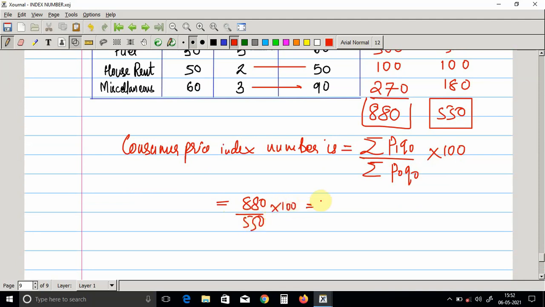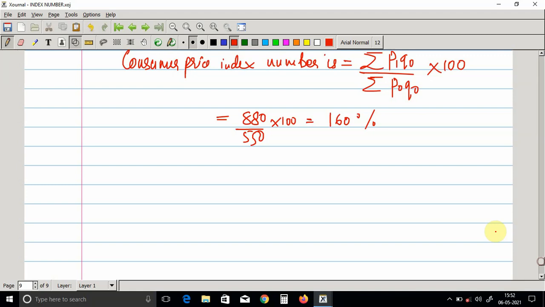So 880 divided by 550 into 100, 1.6. So this total thing is 160%. Okay.